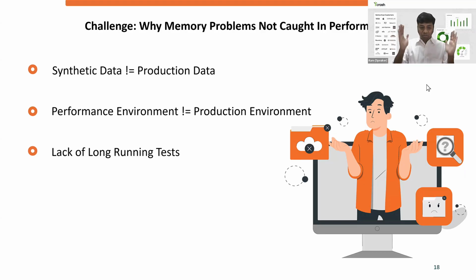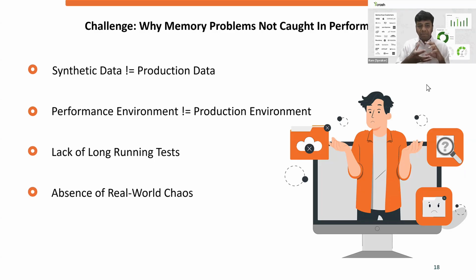For out of memory to happen, sometimes it may take several days to build up. Whereas in our performance labs, we are probably running a short test, one or two hours. Some organizations I have seen run an endurance test, but only for 24 hours. But what if your memory leak happens after 48 or 72 hours? It goes unnoticed.